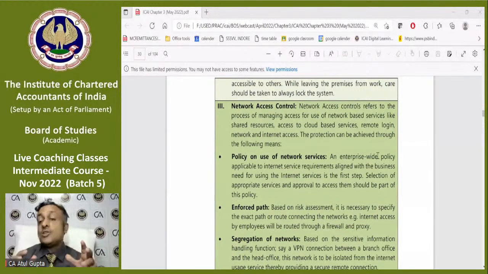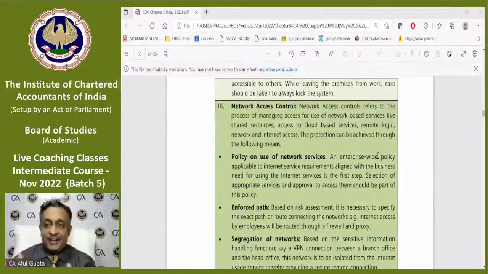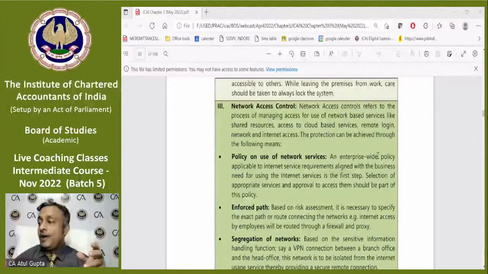Now see, this again is a very big topic. Let me do it with a very practical example. See, Wi-Fi. Which Wi-Fi to use?